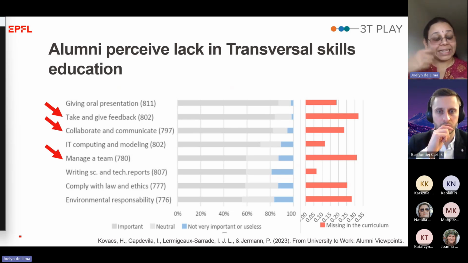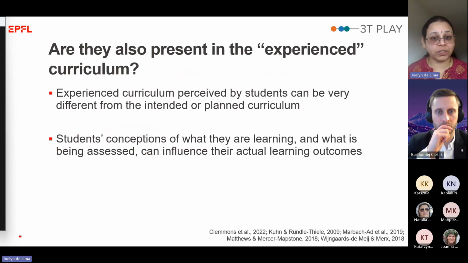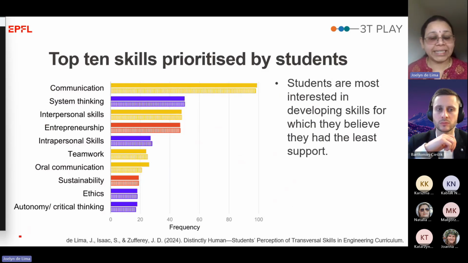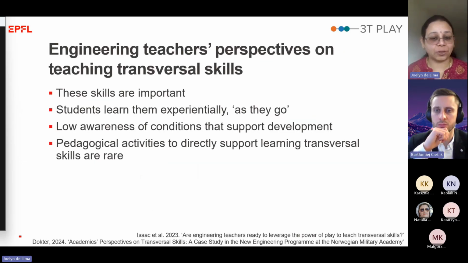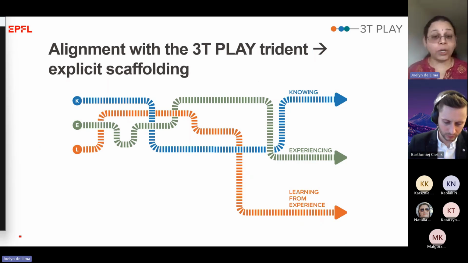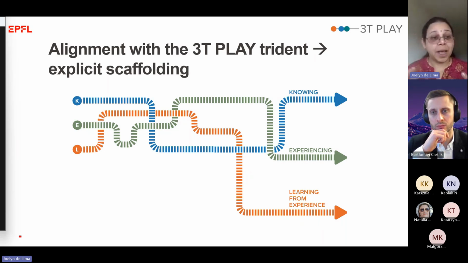And so explicitly scaffolding it using the Trident framework and explicitly giving them those moments to say, okay, we did it right now in our classroom here, but when you go into real life, how will you take this with you? Giving that explicit moment of learning from their experience might help increase the perceptions in their experienced curriculum.